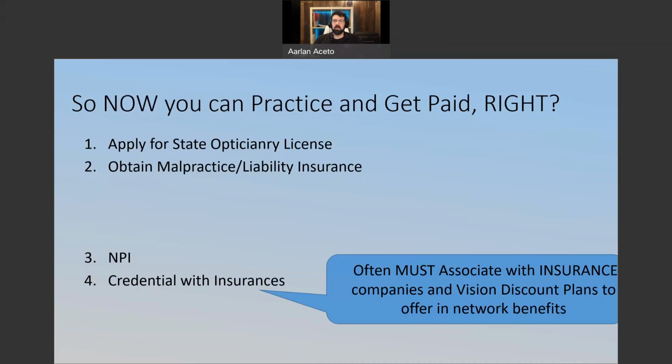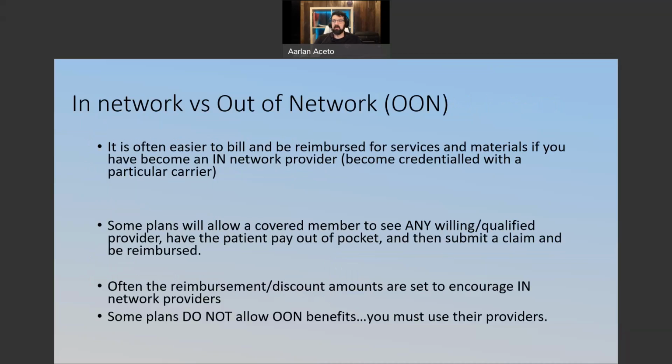Oftentimes there may be a VSP does it as well, out of network plan where they'll still give you some money for what you purchased, but oftentimes the benefit isn't quite as great as if you went to one of their participating providers. So that's an interesting little part.